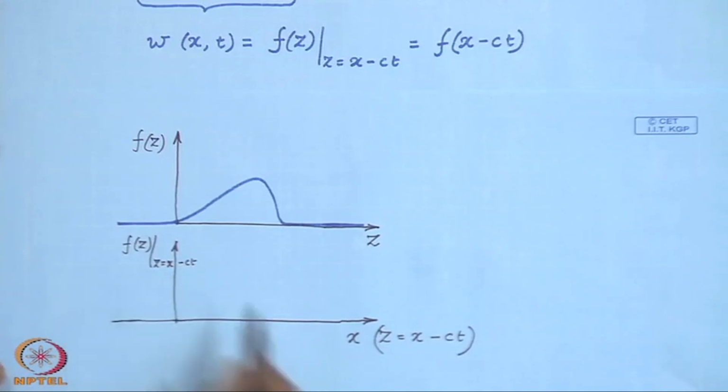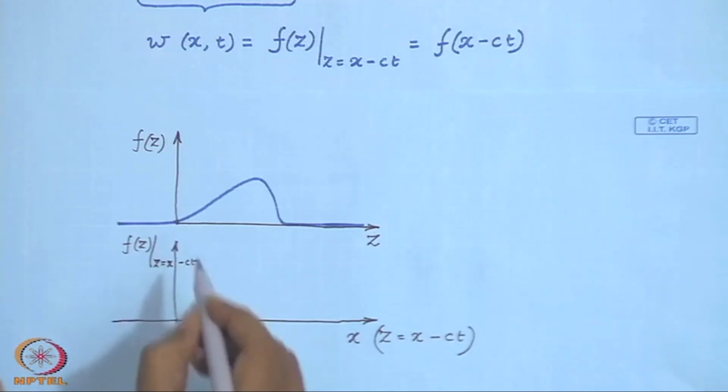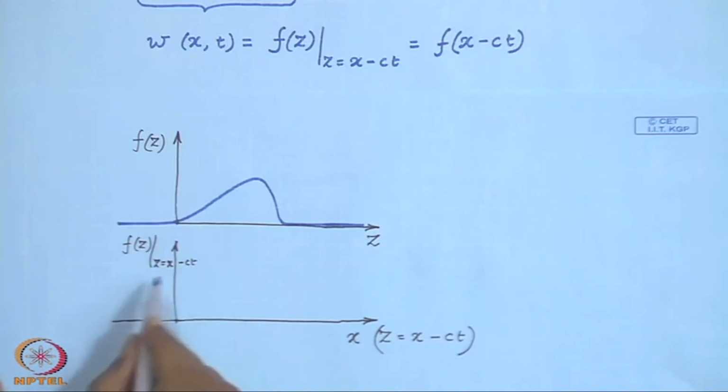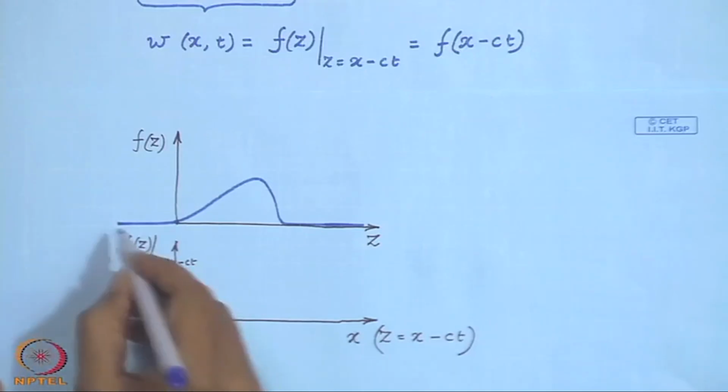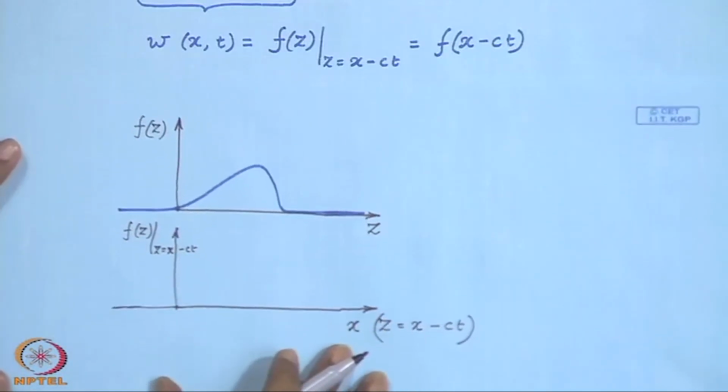So here I am replacing z by x minus c t and I am plotting with x the function at different times. So, let us say at time t equal to 0, I have f of x, which is the same as this.